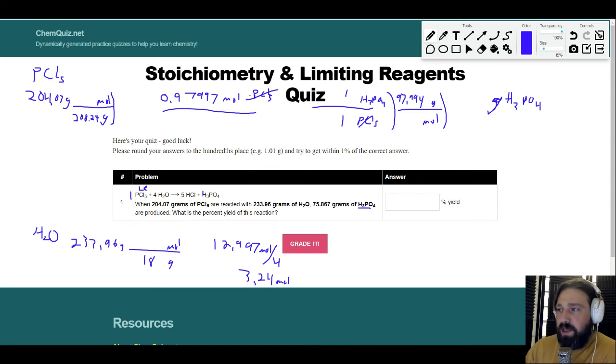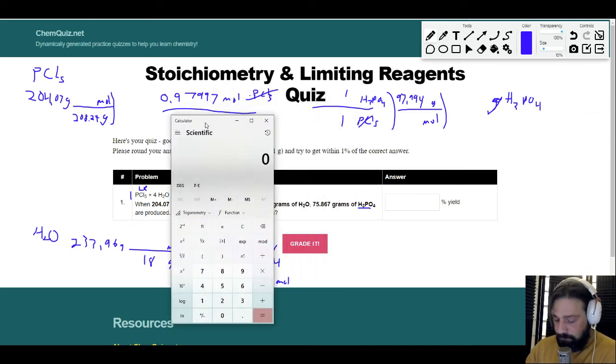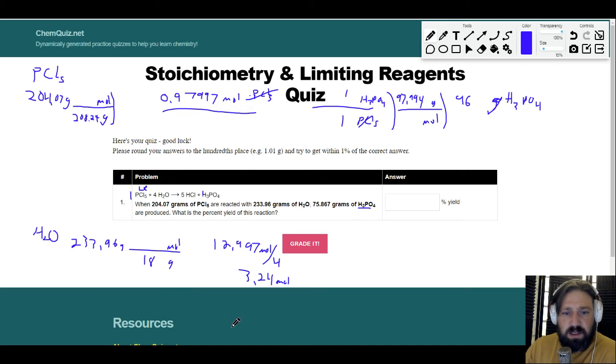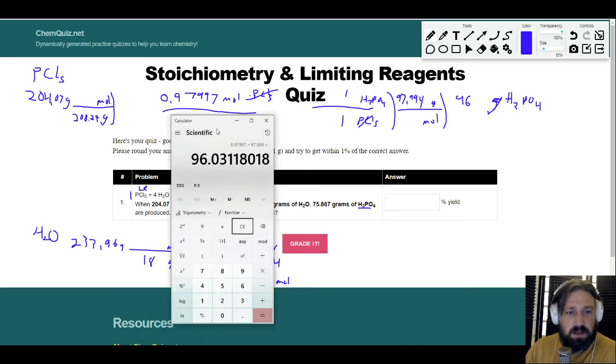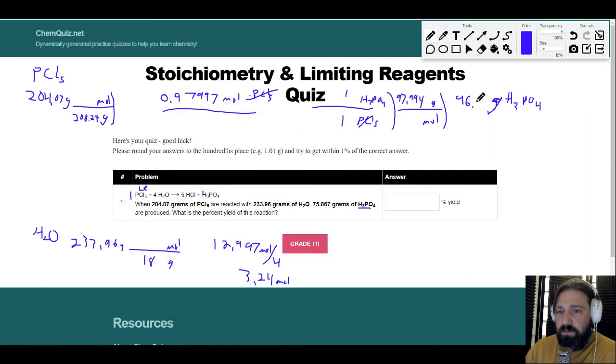So now we can calculate that: 0.97997 times 1 divided by 1 times 97.994. And we're left with 96.03 grams of phosphoric acid.